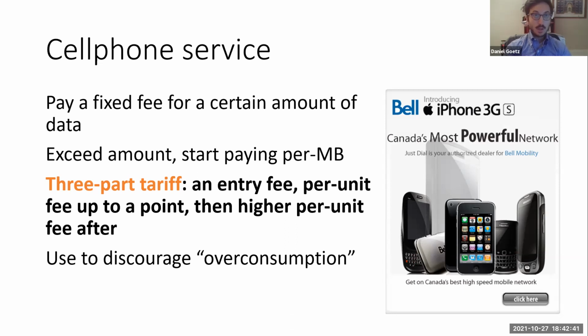Still not great, but it was quite bad. It could easily get congested, right? People who are using a ton of data are making the experience worse for everyone else by congesting the throughput at the cell phone towers. So you want to discourage excessive use. You use this three-part tariff to allow people to have their ration of data and then charge more afterwards.